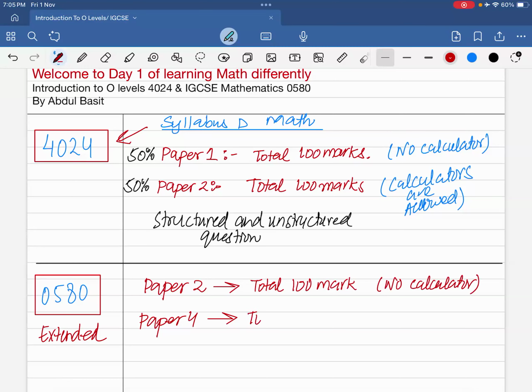And total marks for paper 4 would again be 100 marks with calculators allowed. I will share the picture of the calculators which are allowed during the Cambridge examination, so you will be buying only those calculators for the exam.